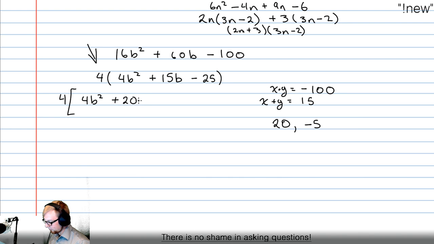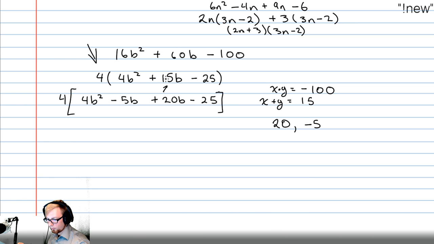So we have 4 bracket 4b squared minus 5b plus 20b minus 100. Close bracket. So you're only splitting up the top one, right? So it should be minus 25, not minus 100. Oh, minus 25. Okay.